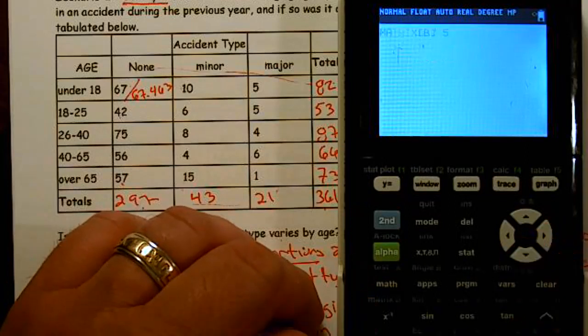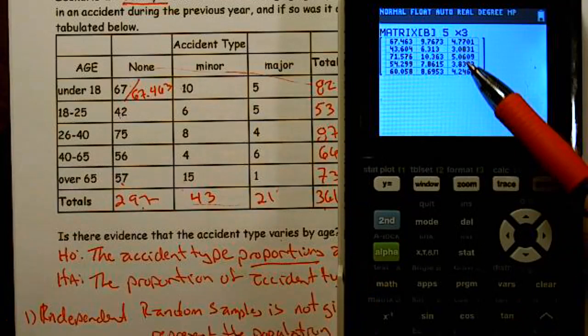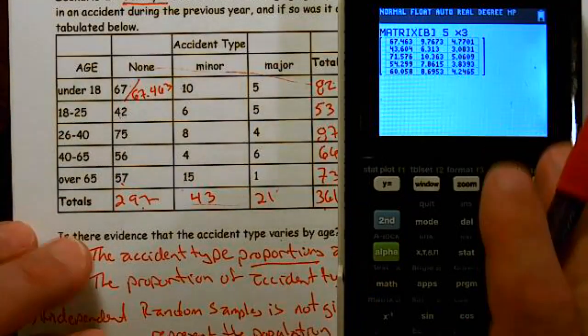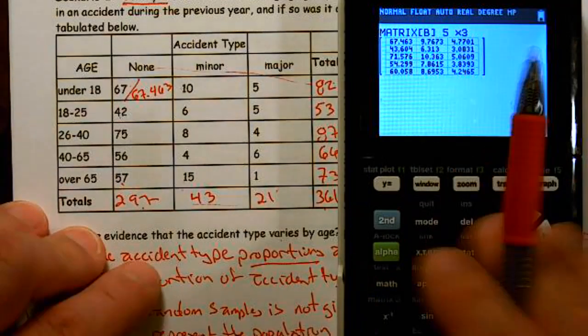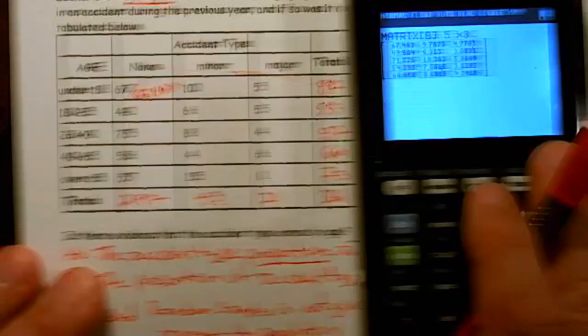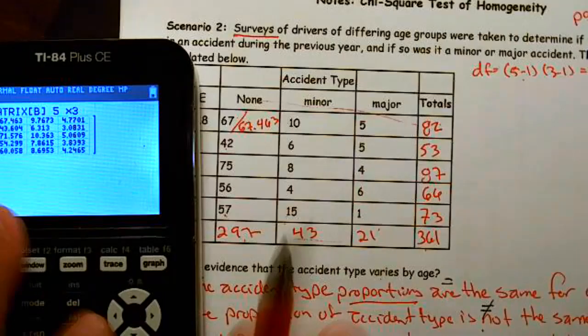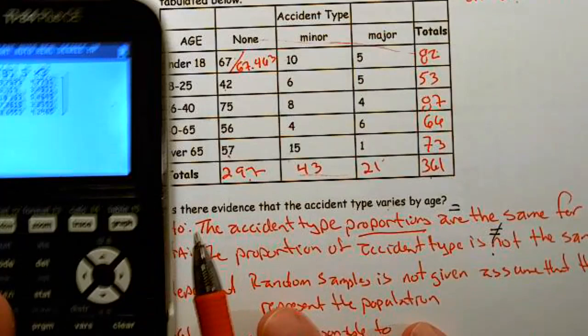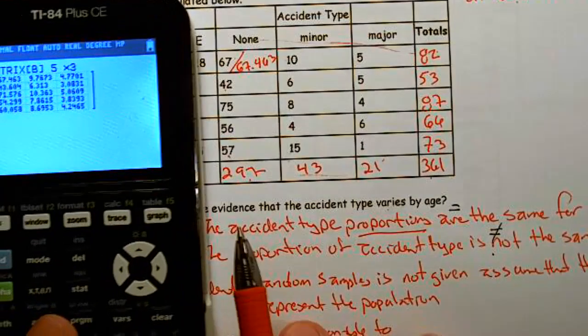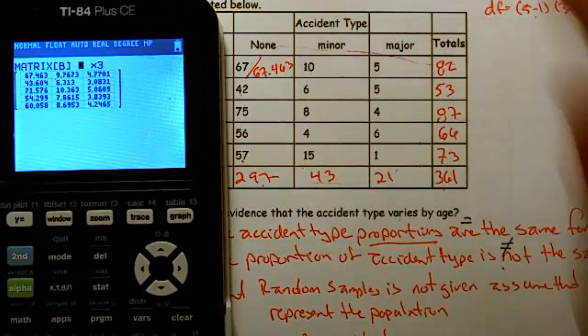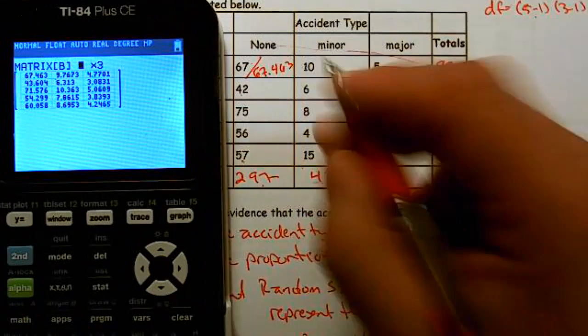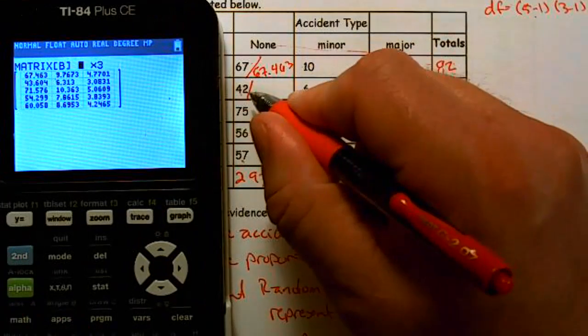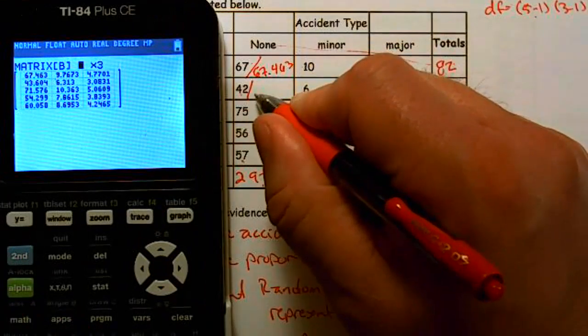And I go to matrix B and I look and I go, I have a problem. So I'm going to copy these down, but real quickly, I notice not all of them are greater than 5. So I have a problem with running this test right now. Now we're going to fix that problem. And to be truthful with you, I've never seen them require this, but they could. It is part of the curriculum, and it's not that difficult to do.